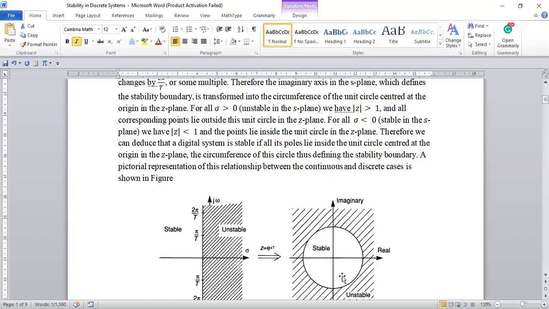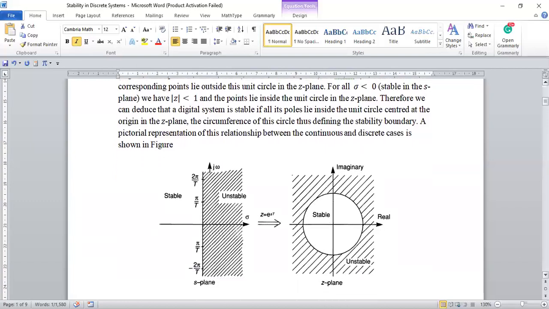So for all values of the poles between +1 and -1, for all regions within this unit circle, the system is stable in the discrete time case.